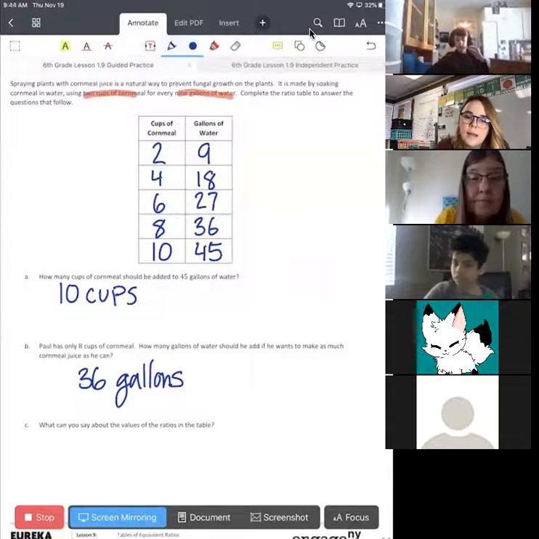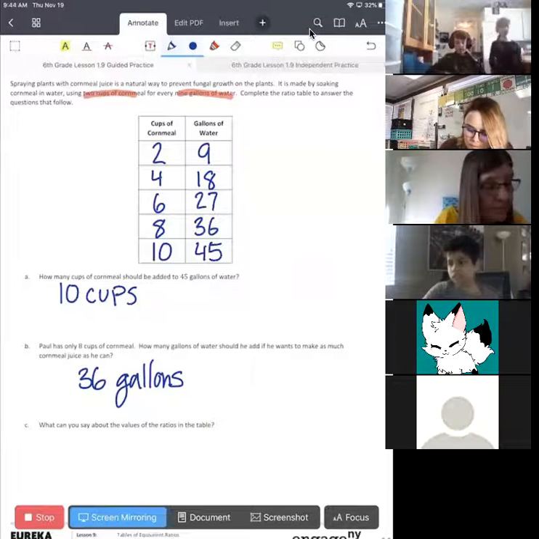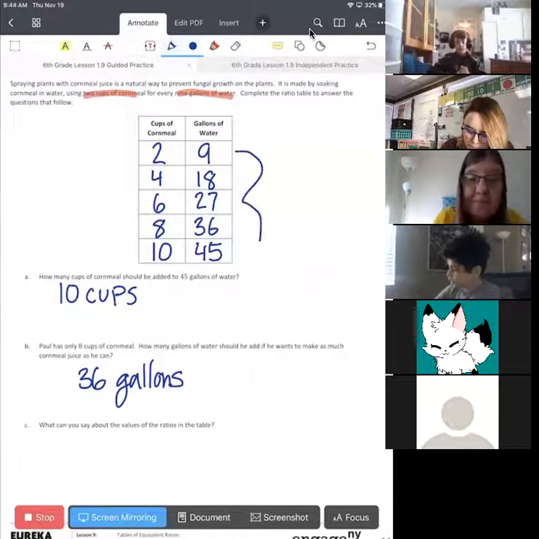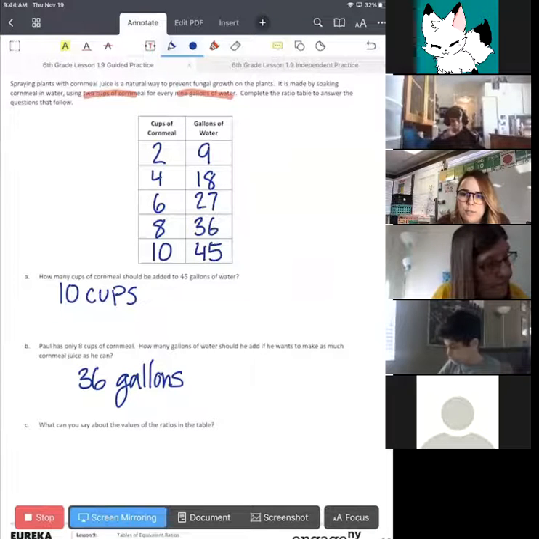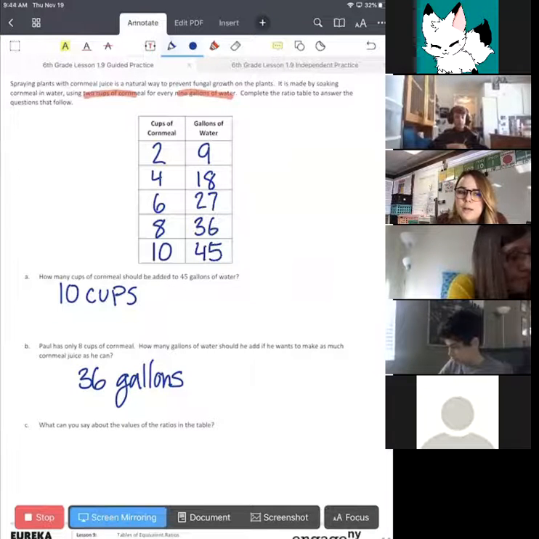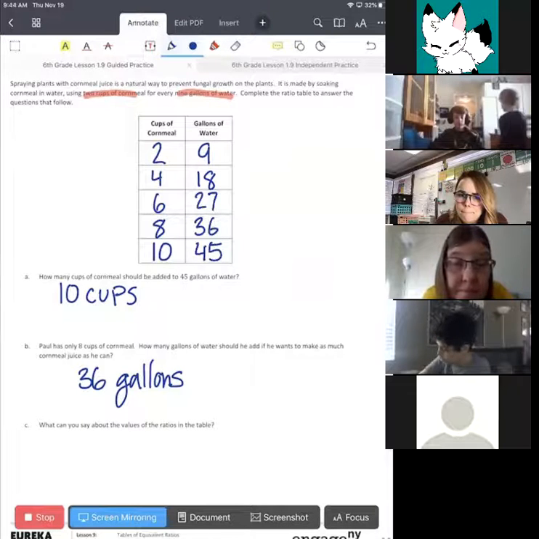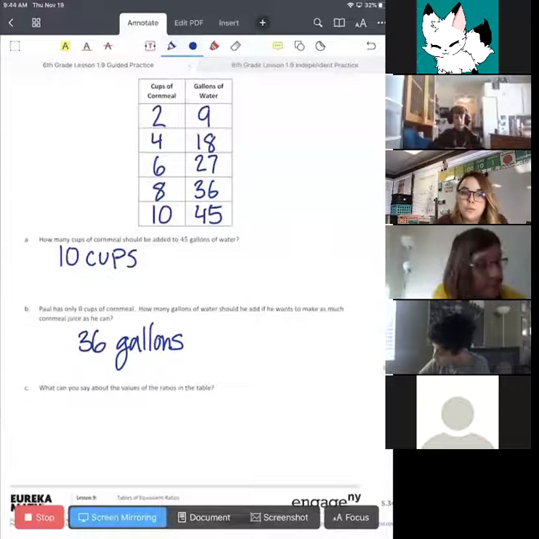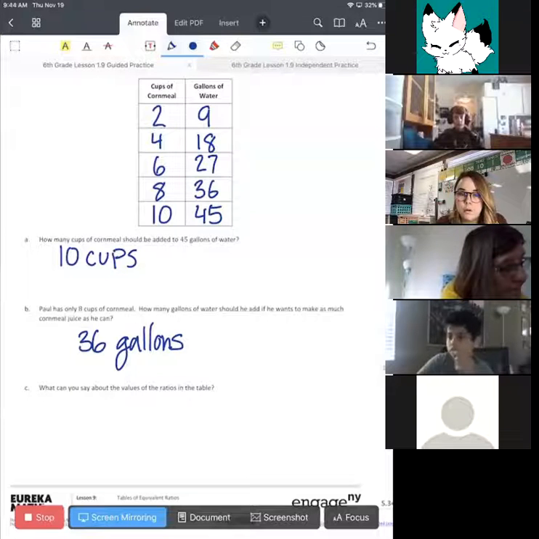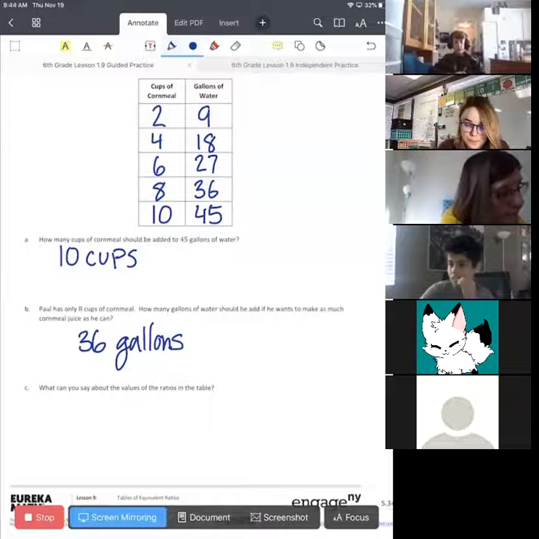And what can we say about all of these values in the ratio table? What kind of generalization can we make? Jake, what could we say about all of these? They're all multiples of 9. Right, the gallons are all multiples of 9. The cups of cornmeal are all multiples of 2, absolutely.